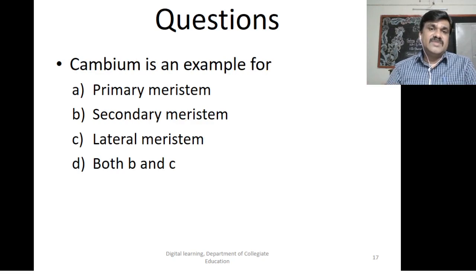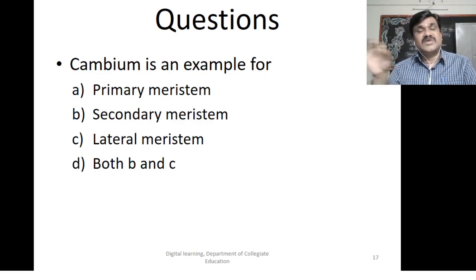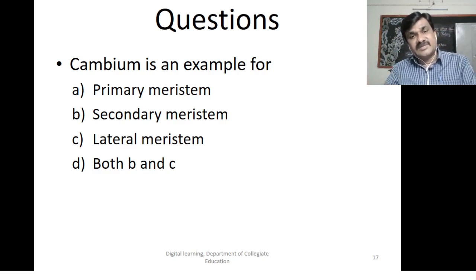Then cambium is an example of which type of meristem? Option A, primary meristem, option B, secondary meristem, option C, lateral meristem, and option D, both B and C. That means both secondary meristem and lateral meristem.